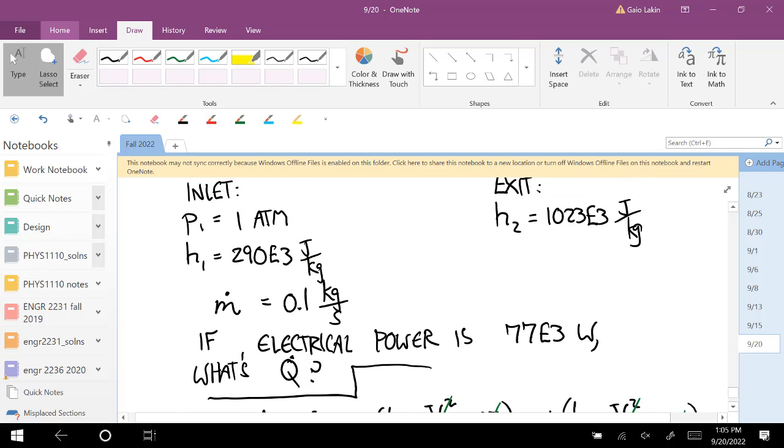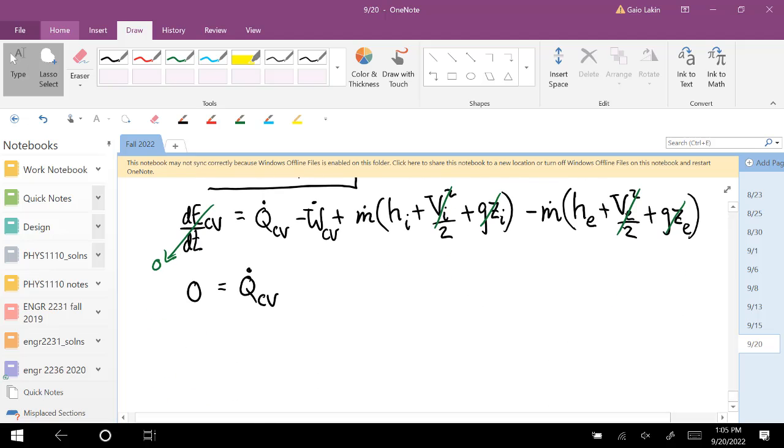And we're told that the electrical power coming in is 77 times 10 to the third. Is W dot itself positive or negative? If work is coming in, it's negative. And so this is going to be minus negative 77 times 10 to the third.